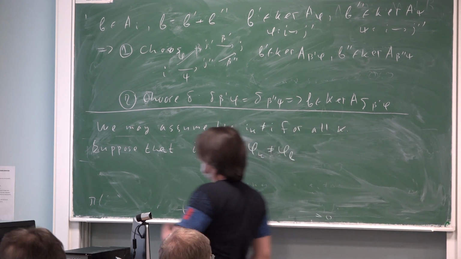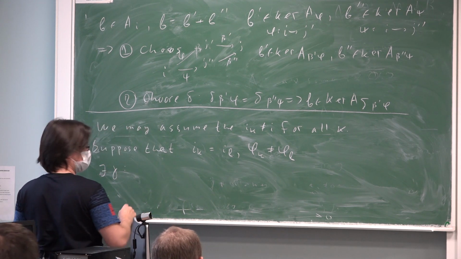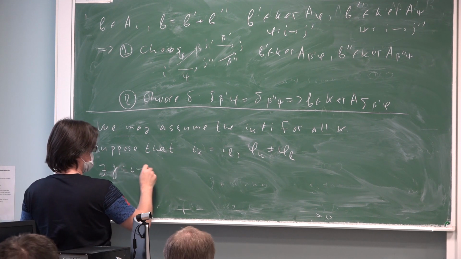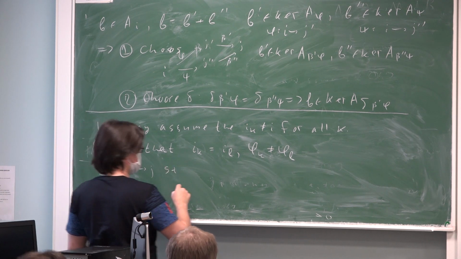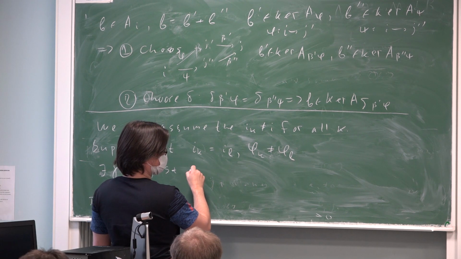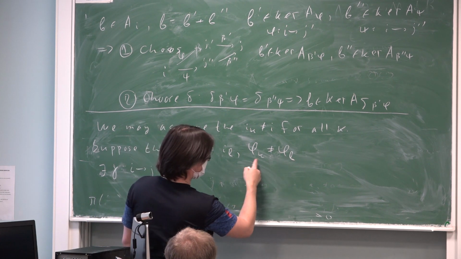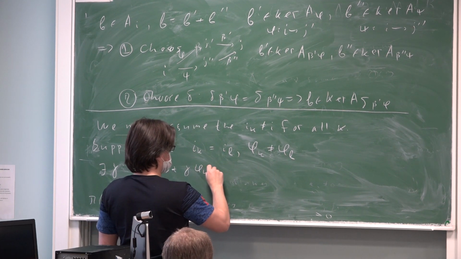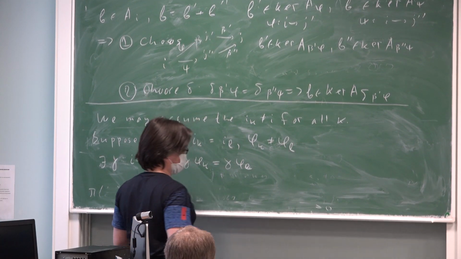But in this case, there is gamma from I to j such that gamma phi_k equals gamma phi_l.